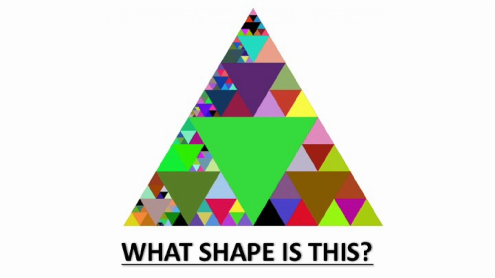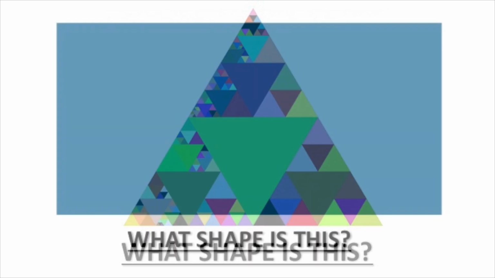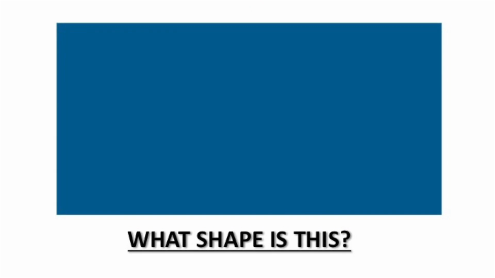How many corners? 3. What shape is this? This is a... How many corners? 4. How many sides? 4. Are all the sides the same length? No. You see, 2 long sides and 2 short. That's what makes a rectangle.